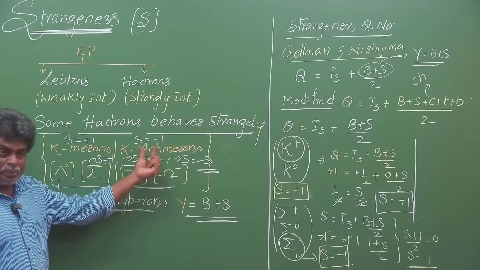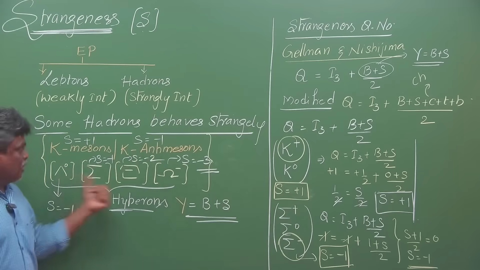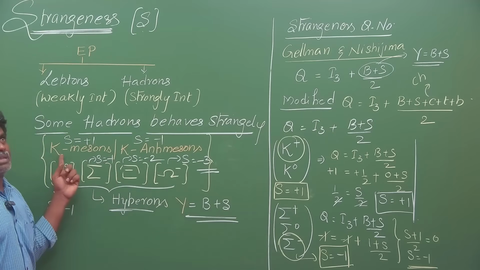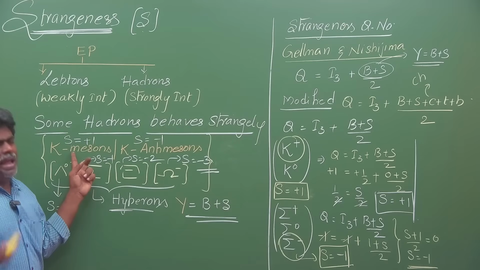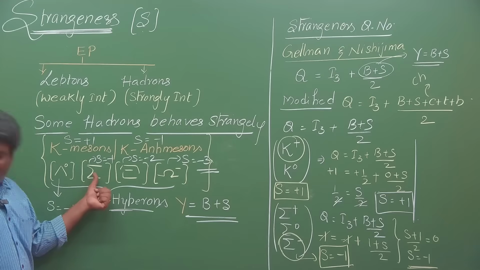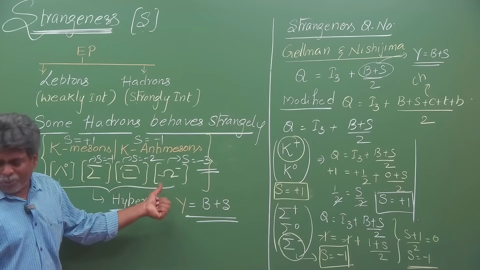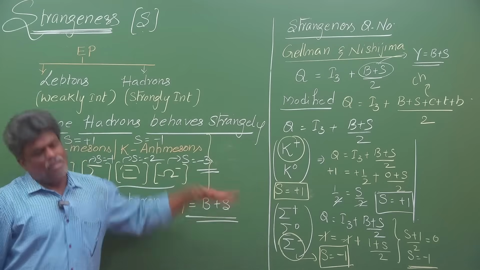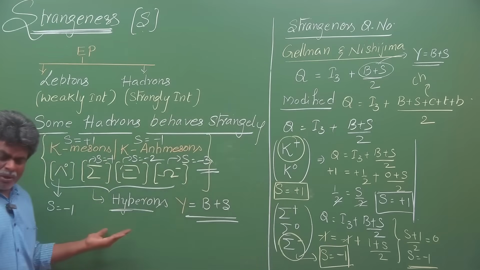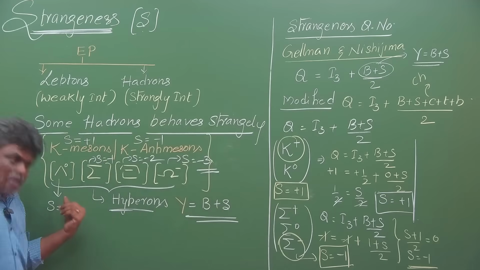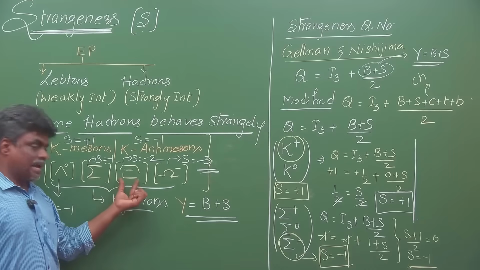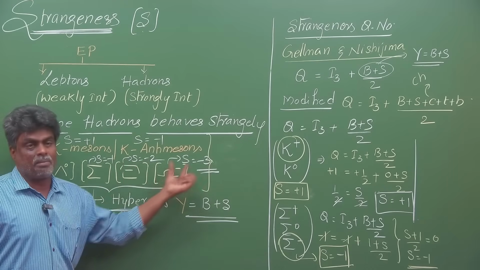You have to do K anti-mesons, lambda naught, cascade group, and omega minus, and try to remember the strangeness of K mesons, anti-mesons, lambda naught, sigma group, cascade group, omega minus. Lambda naught and sigma group have minus 1, cascade group minus 2, and omega minus minus 3.